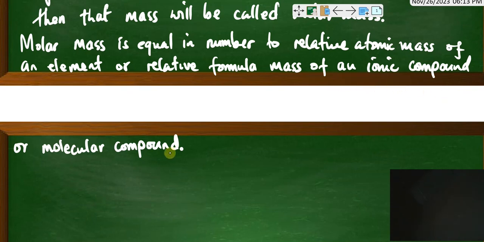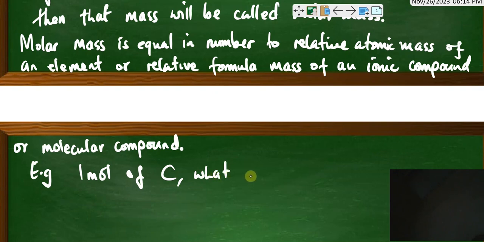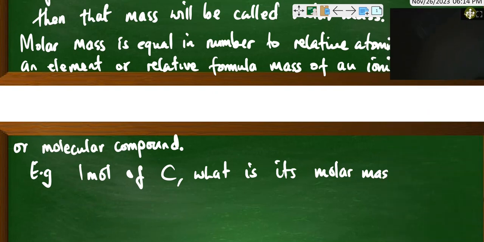What this means is this, for example: if I have one mole of, let's say, carbon atoms, and I'm asked what is its molar mass.